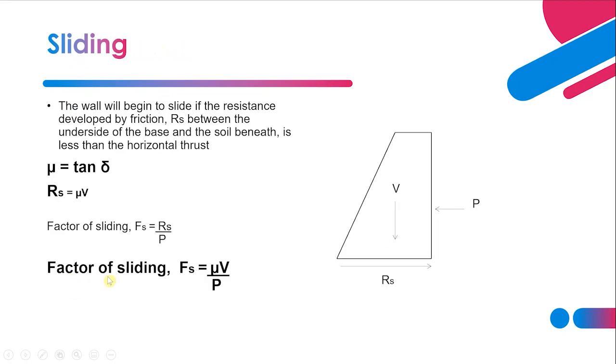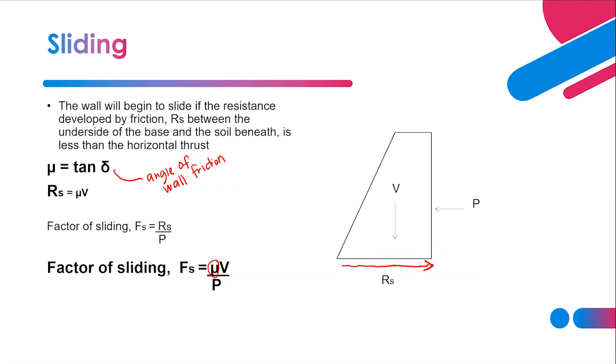Another one we have sliding. Factor of safety against sliding is equal to mu. This one we call it as mu V over P. Mu ni equal to tangent delta. Delta ni adalah angle of wall friction. Kat bawah ni kan ada friction, which is what we call as RS lah. Okay, so friction.